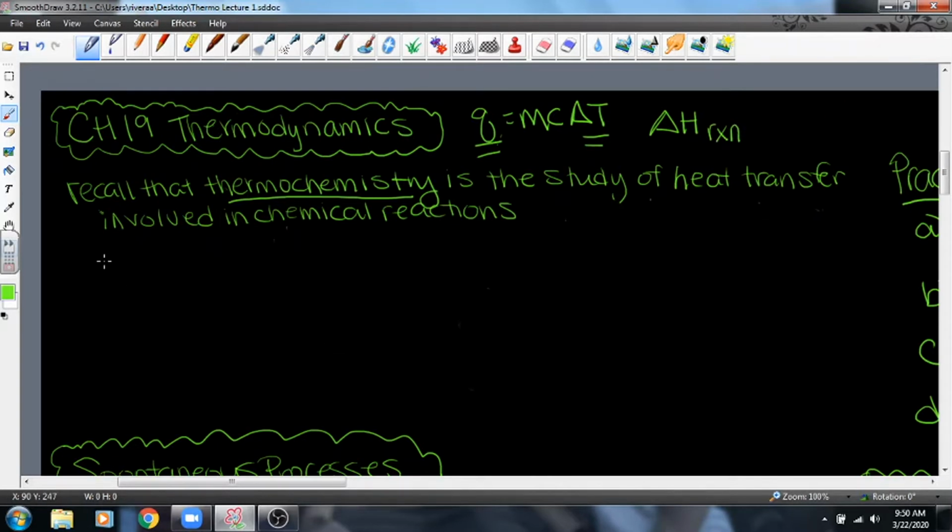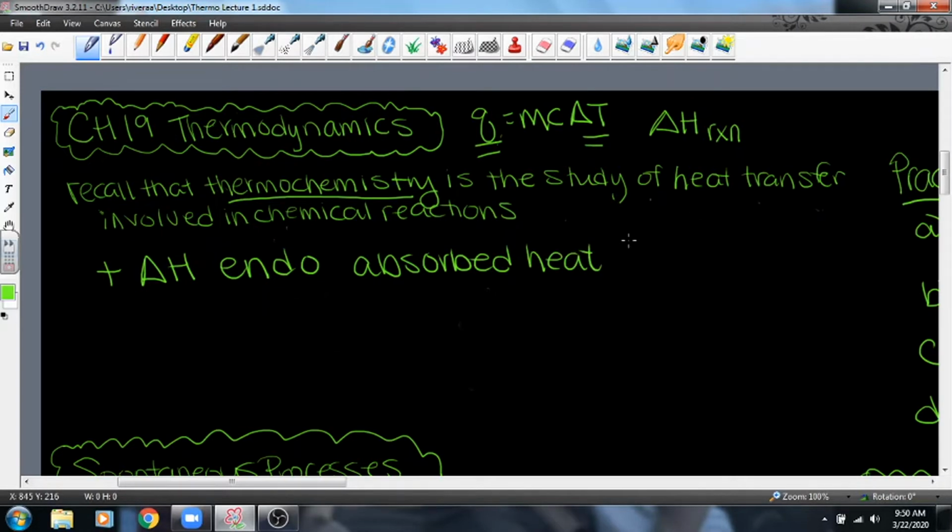And I also want you guys to remember that if you have a positive delta H, we would call that an endothermic reaction, and that reaction absorbed heat. And this is less favorable in terms of spontaneity. Like, if a reaction requires an input of heat in order to occur, it's less likely to occur.